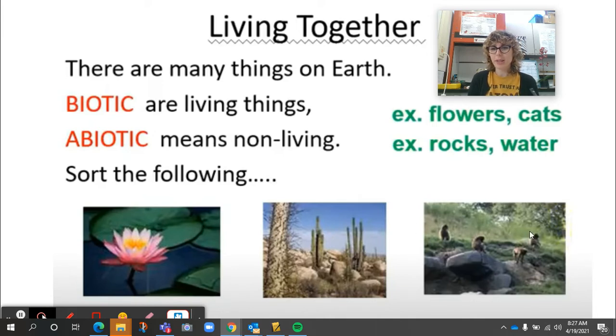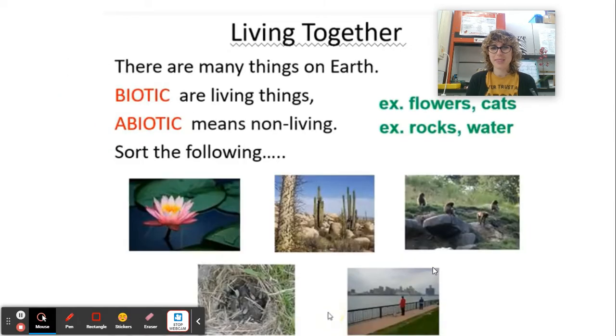When I look at this picture here and I see these macaques or types of monkeys in the grass and trees, all of those are biotic or living. But the rocks, for example, are abiotic or non-living. If I look at this nest here, the birds that are in the nest and the eggs, those would be biotic or living. And then the materials used to make the nest would be abiotic or non-living.